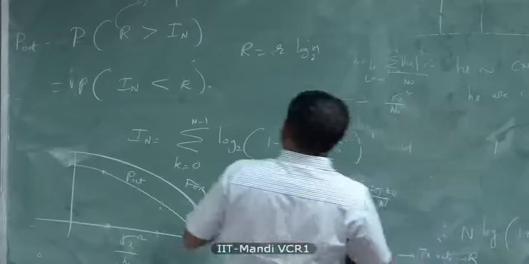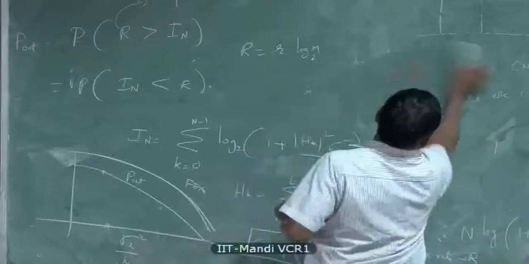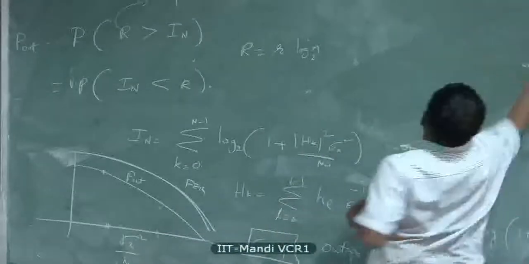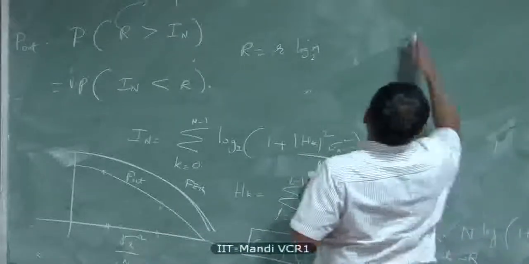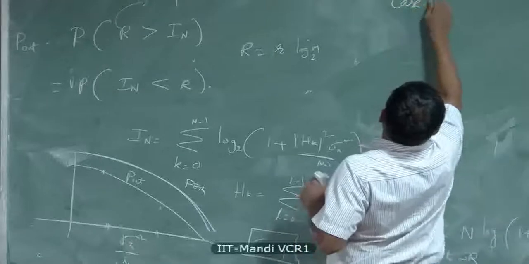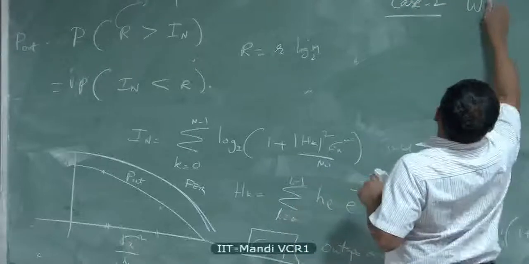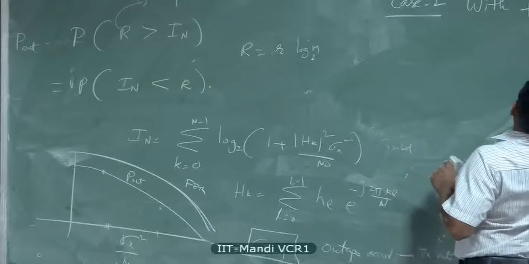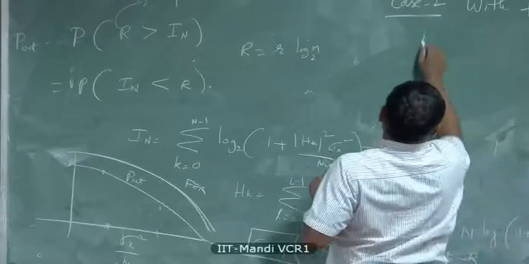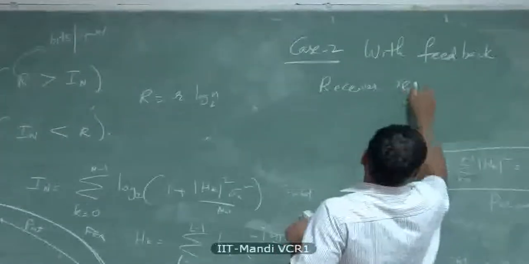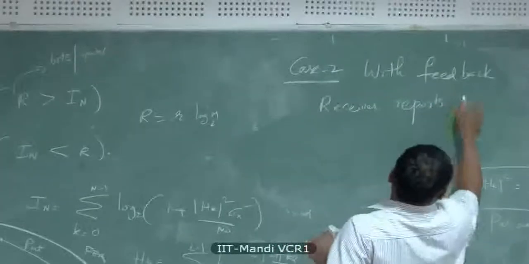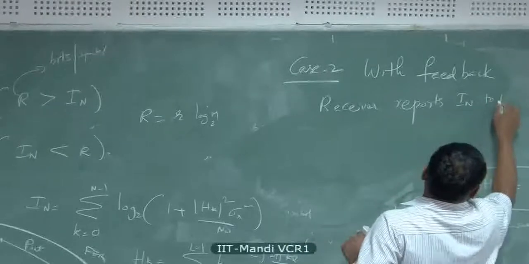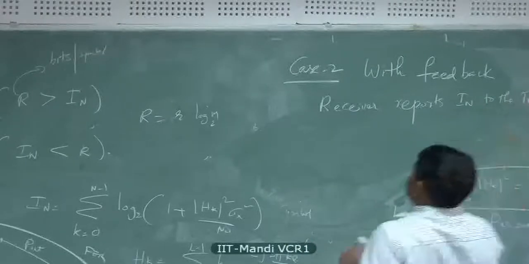So the transmitted rate in case 2, let me write down. Case 2, with feedback: the receiver reports IN to the transmitter.